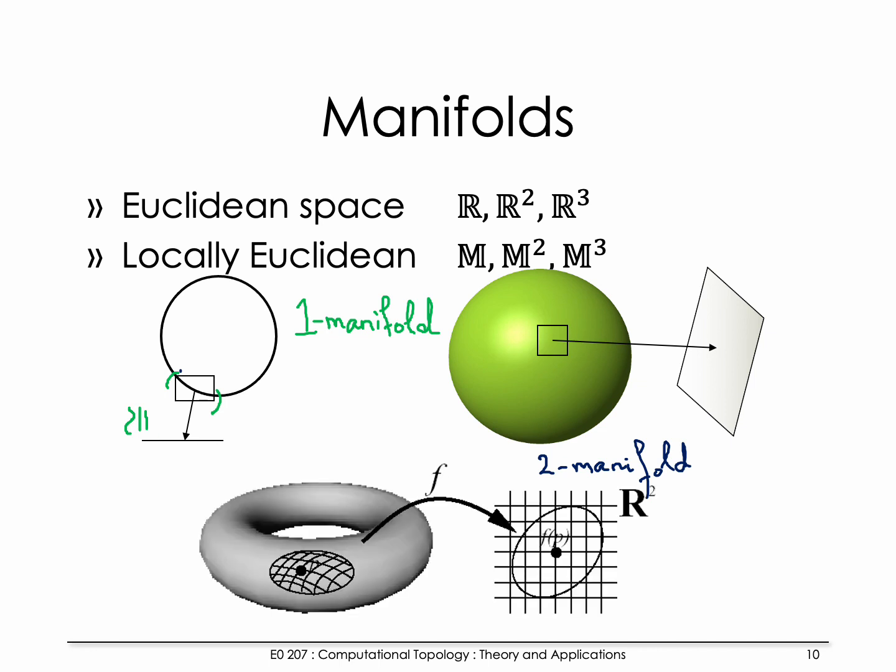Most surfaces are two manifolds. A torus is a two manifold. The neighborhood of any point, a small enough neighborhood, looks like the plane. Of course, the neighborhood looks like a distorted version of the plane, right? But there is a continuous map F that takes the neighborhood of this point P to R2, right? So hence the torus is also a two manifold.